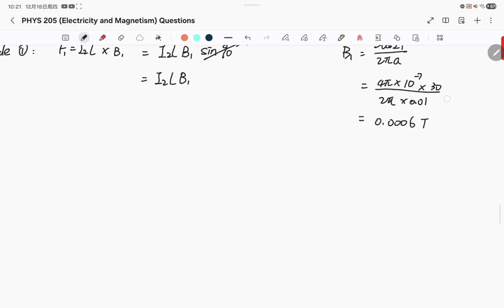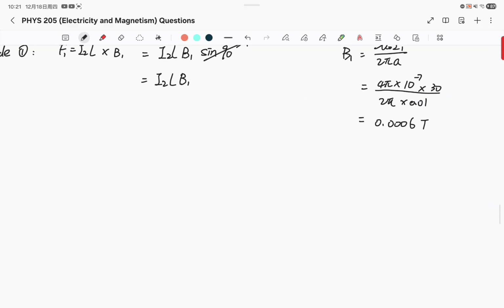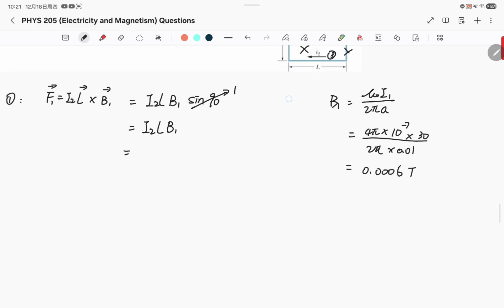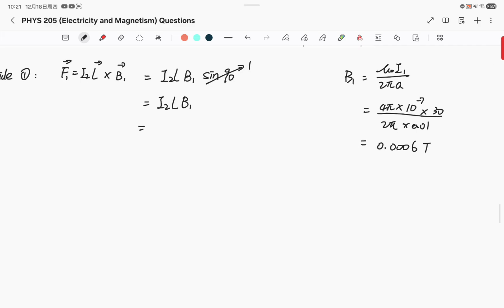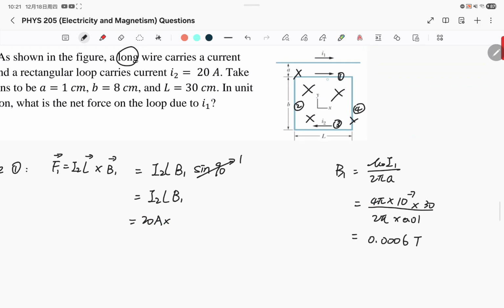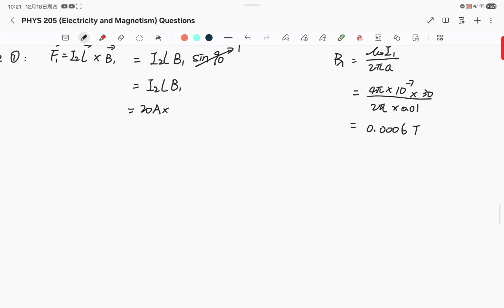Plug this value into our force. So we have I2, which is 20 amps. And L is the length of this section, not the whole loop, but just the section I labeled 1. So that's 30 centimeters. Times the magnetic field caused by I1.